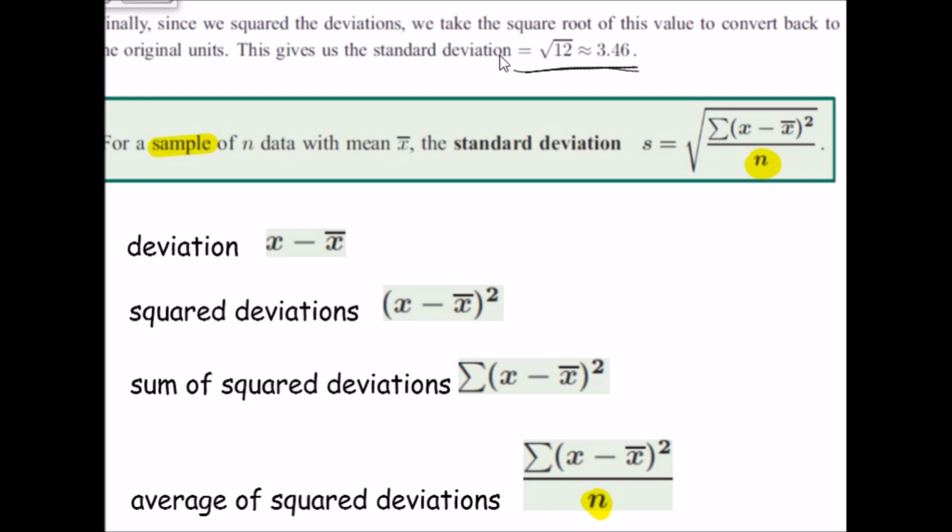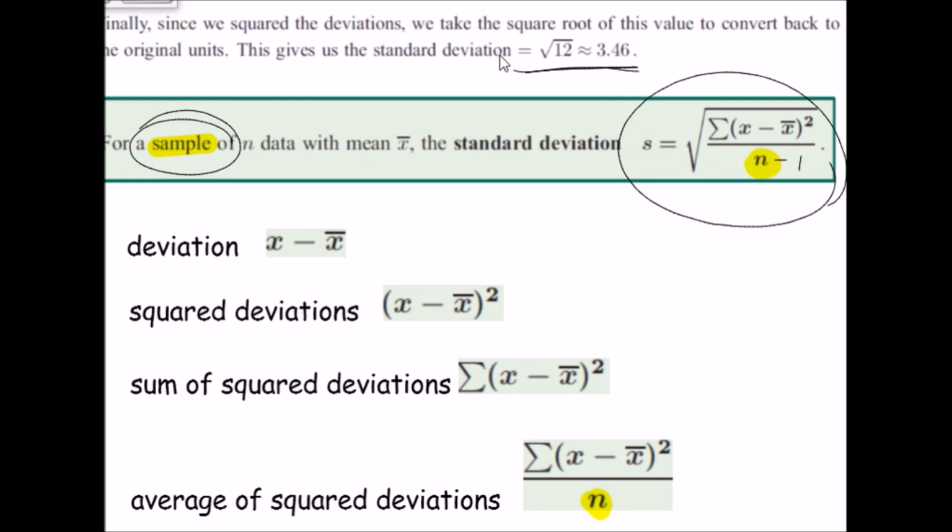Now, our book, the OSO 9, does give this formula here, which I do not agree with, because if you have a population, if you know every single score, then you divide by how many scores you've got. But if you've got a sample, like it says here, then the actual formula is modified, and you don't divide by the number of scores, you divide by n minus 1.